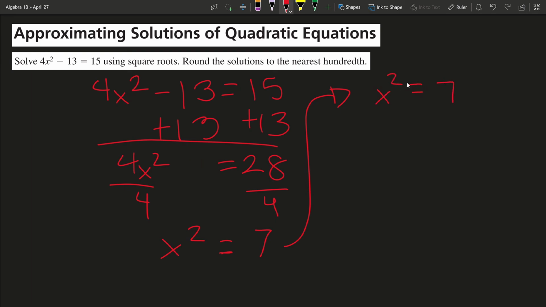To get rid of this 2 up here, so we can turn it into x. Which then leaves us with x is equal to root 7. In some cases, you can leave it as root 7, but in this case, I want you to use your calculator and figure out what root 7 is equal to. Go ahead and try it on your own. You can also use your phone for this. x is then equal to positive or negative 2.65.